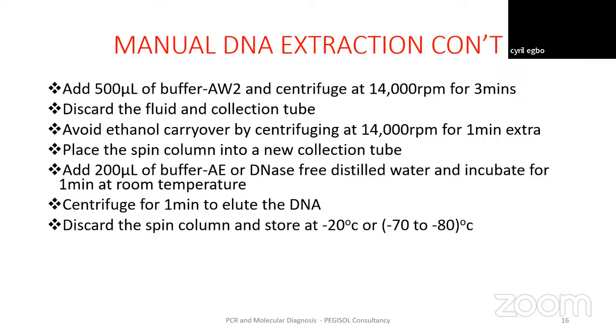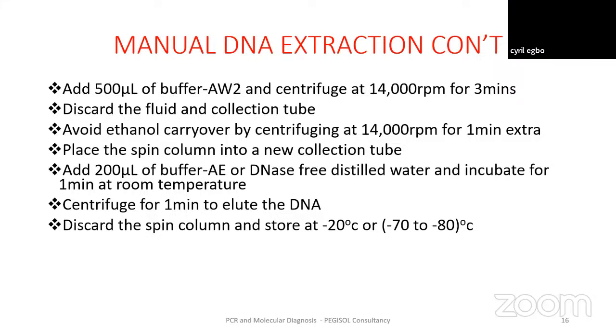Then to ensure that it's dried, you can still centrifuge for a minute, after placing that spin column into a new collection tube, to ensure that it's thoroughly dried. Then after which you place this spin column into a new collection tube.